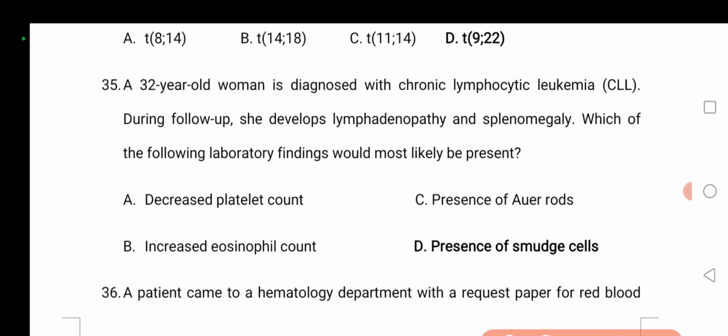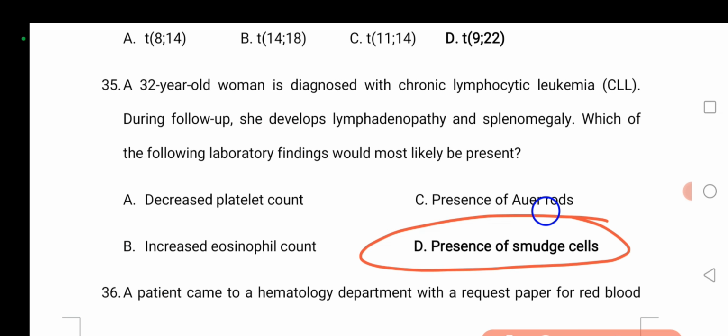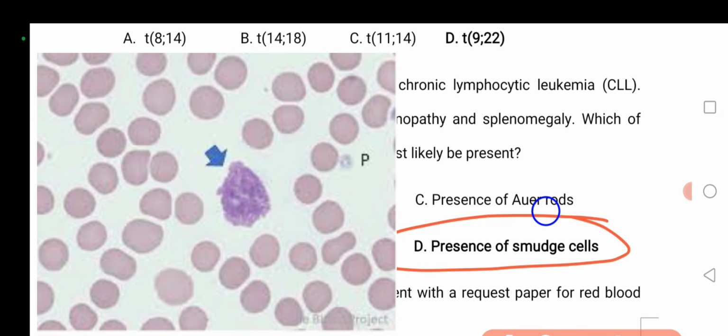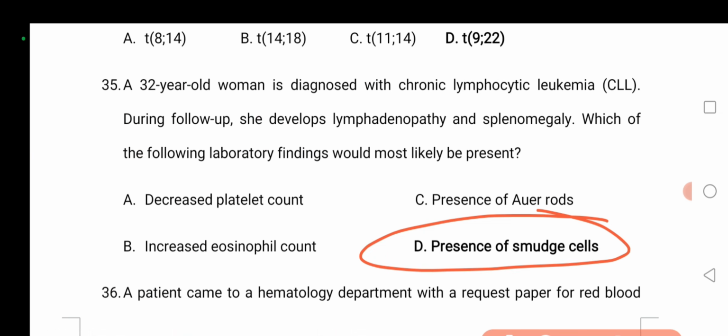The most common feature on the peripheral smear is the presence of smudge cells. The presence of smudge cells is the most frequent finding on the blood smear of patients with chronic lymphocytic leukemia. So the correct answer is D.